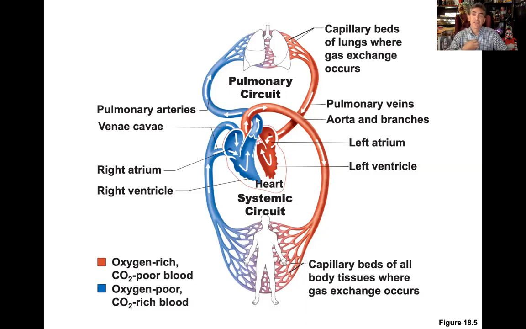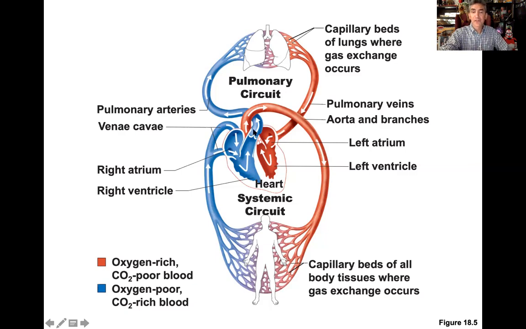The heart wants to send highly oxygenated blood to the body. Right? So this is going to go to all the parts, your arms, your legs, your head, the whole body. And then eventually it's going to work back to the heart. So here we have what we call the systemic circuit to the body and back.